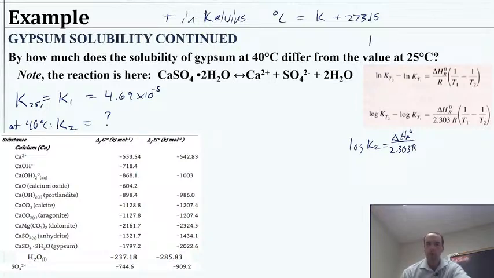I think we need the R value too, right? Isn't it 0.008314? I believe that's right, 8314. That sounds correct. I also will find that. Is that in terms of joule per mole Kelvin? Right. I think you're right on that.